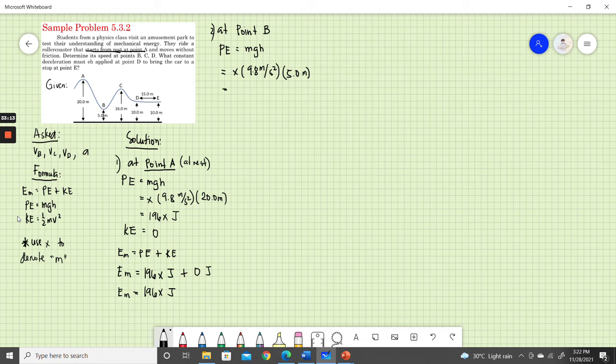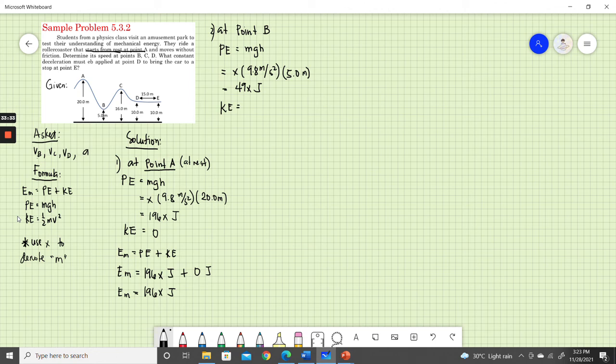Therefore the potential energy at point B is 49x joules. And for the kinetic energy at point B, the roller coaster will continue moving, so it's already moving at point B.